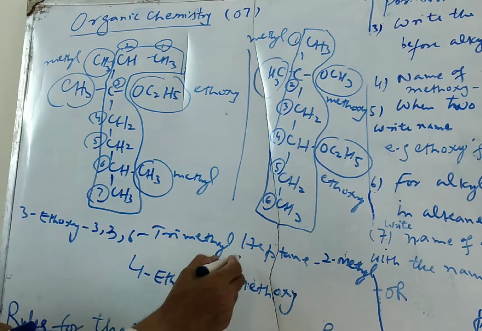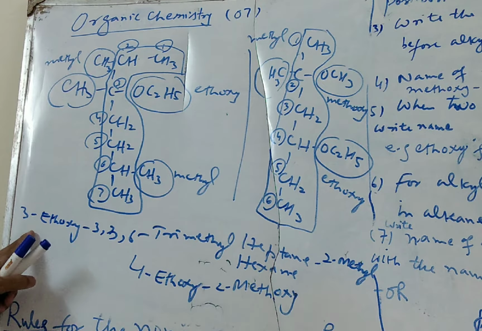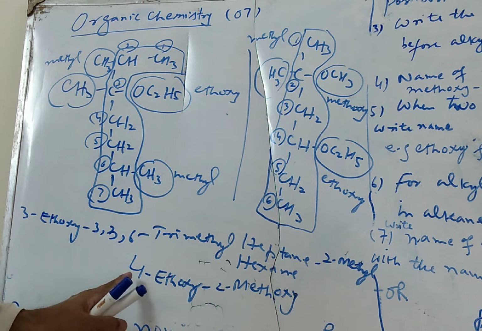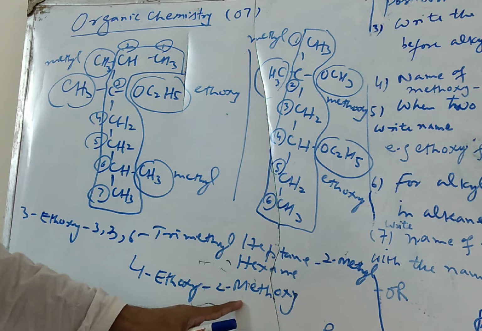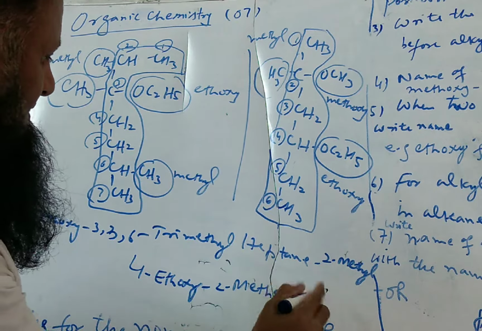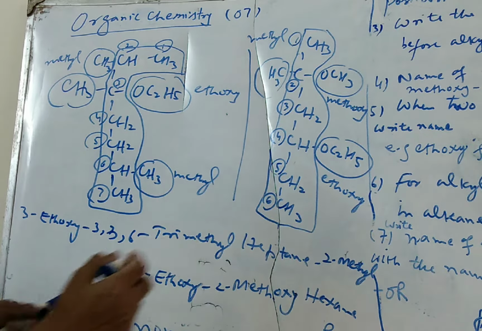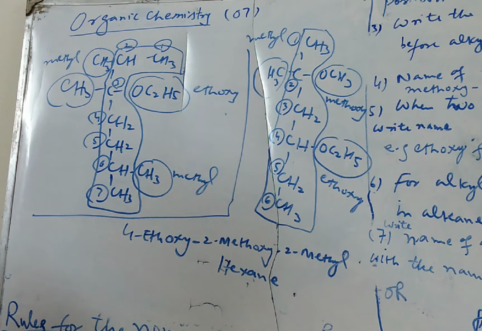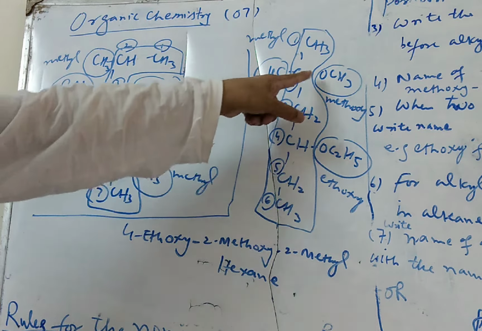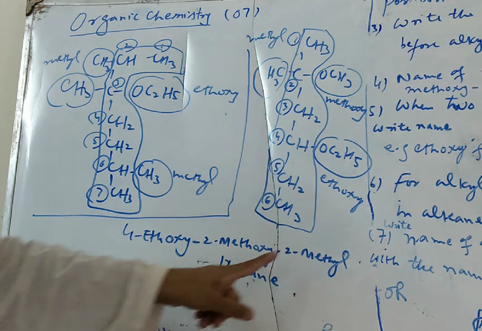The parent chain is the hexane. This is the name. So the name of this compound becomes 4-ethoxy, 2-methoxy, 2-methyl hexane.